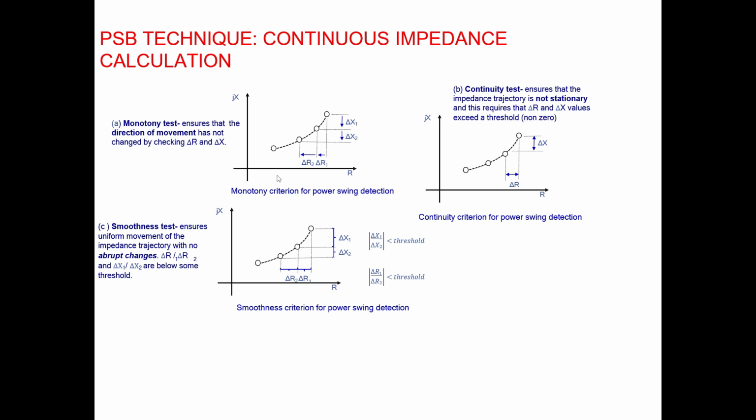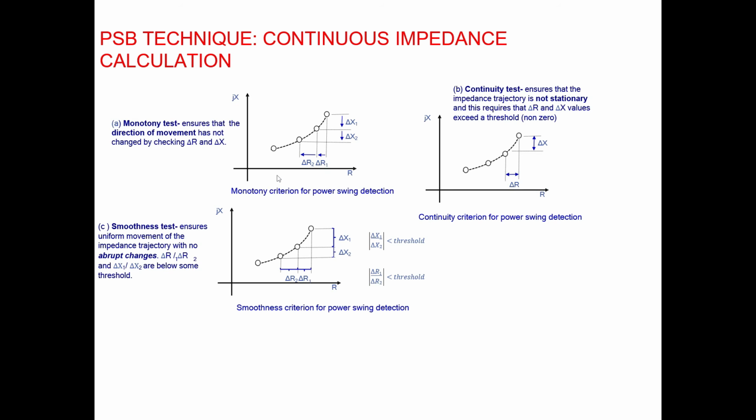Similarly, delta r1 by delta r2 will also be fixed. But when there is a fault, it might happen that delta x1 is, suppose, 1, but delta x2 is suddenly 10 or 20. So in that case, your delta x1 by delta x2 suddenly moves from a lower value to a higher value, and in that case the relay will detect it as a power swing condition.